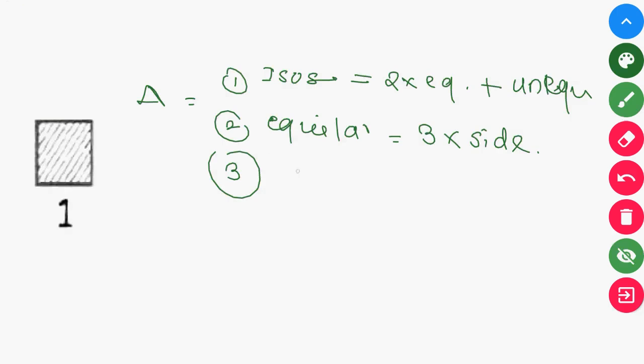And if it is an irregular triangle, say a right angle triangle, so when all the sides are not equal to each other, then the sum of all three sides gives us the perimeter of that triangle.